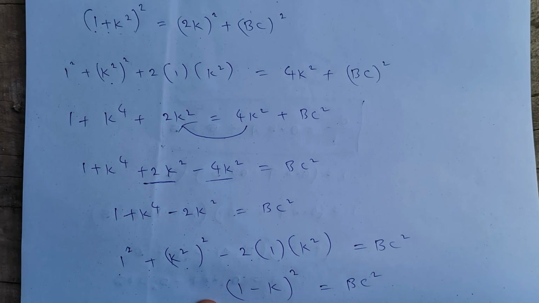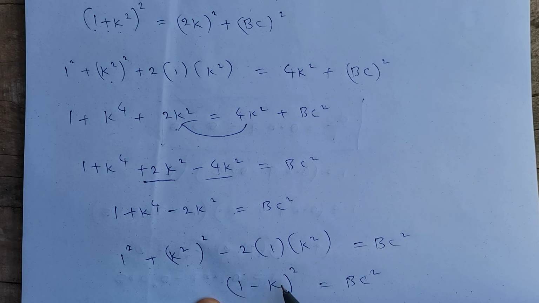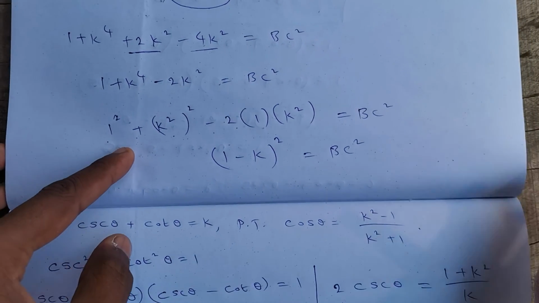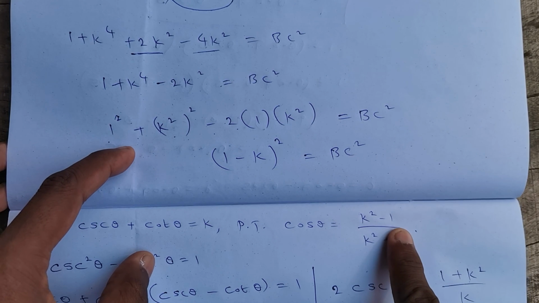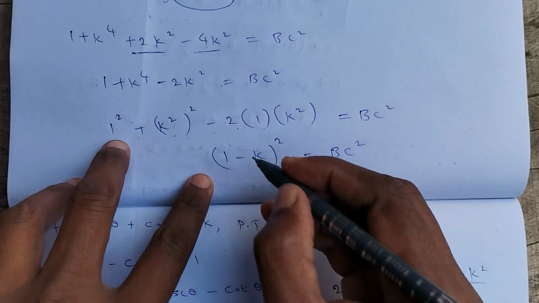Here we need to observe one thing. 1 minus k whole square is exactly the same as k minus 1 whole square. So whether we write it as 1 minus k whole square or k minus 1 whole square, simply check the question. Here we want k square minus 1 only. So that's why I will also take it as k minus 1.